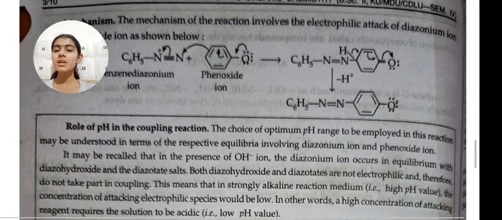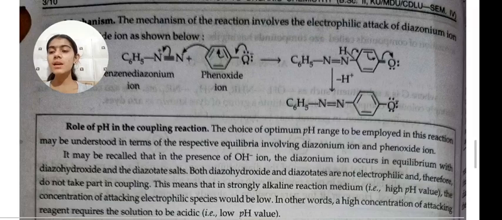Role of pH in the coupling reaction. The choice of optimum pH range to be employed in the reaction may be understood in terms of the respective equilibria involving the diazonium ion and the phenoxide ion. It may be recalled that in the presence of OH negative ion, the diazonium ion occurs in equilibrium with diazohydroxide and the diazotate salts.